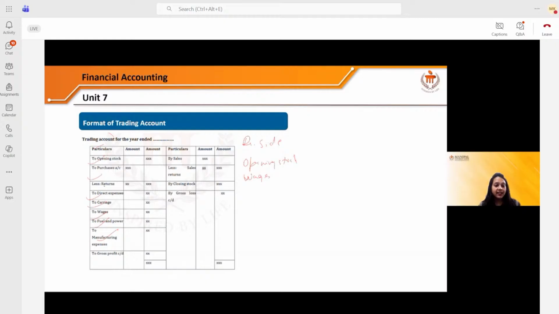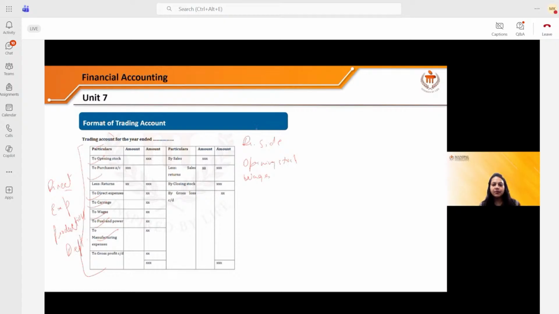Only these items always come in the debit side, because these items are direct expenses, directly related to the production department.